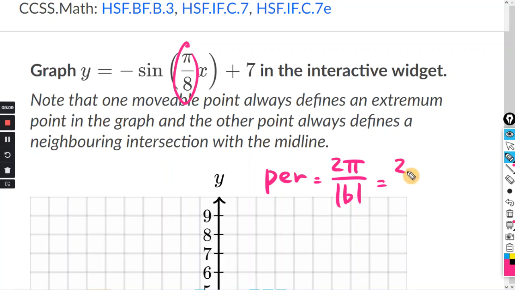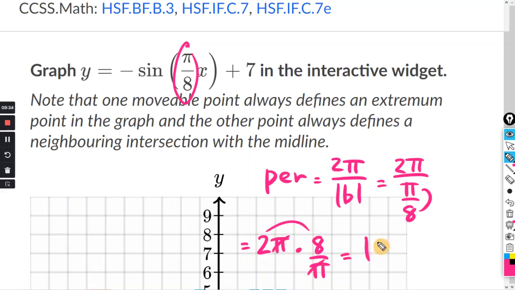So 2 pi divided by pi over 8. Keep, change, flip. We're going to keep 2 pi, change division to multiplication, and flip pi over 8. Pi divided by pi cancels, and 2 times 8 is just 16.